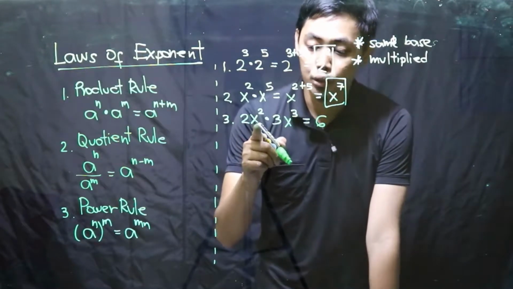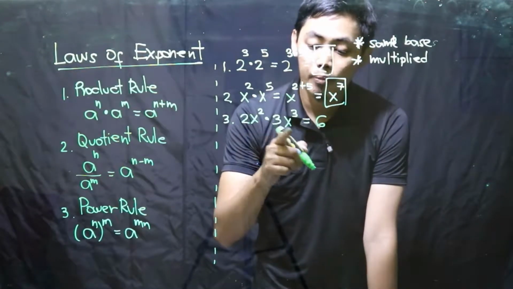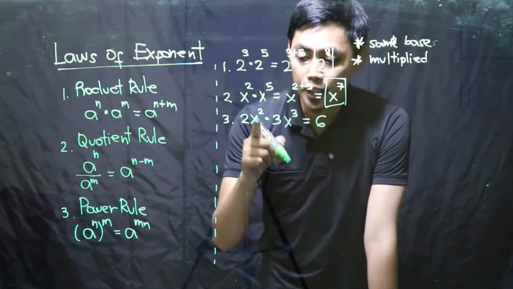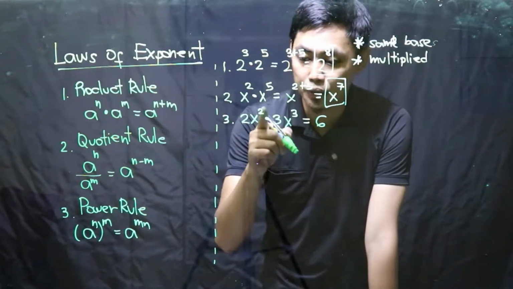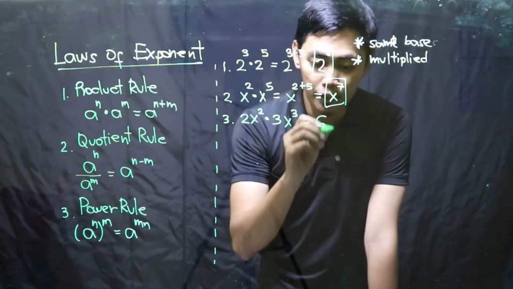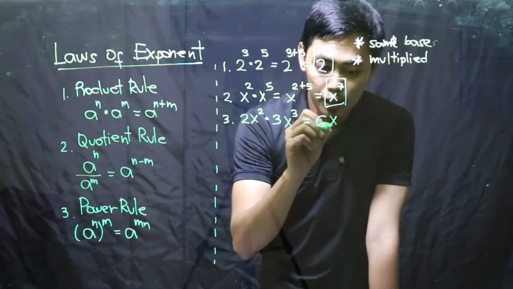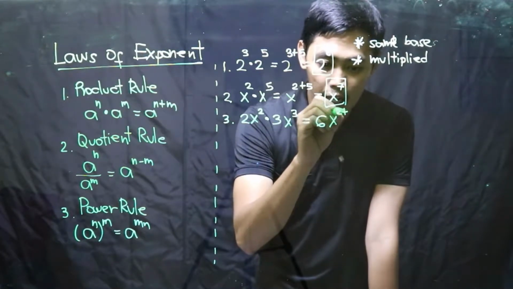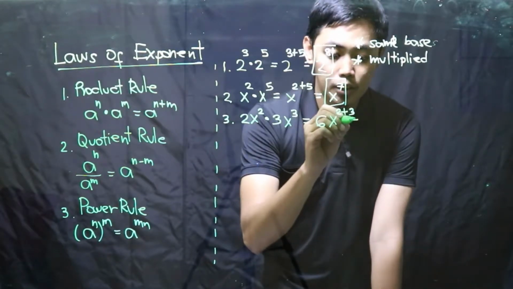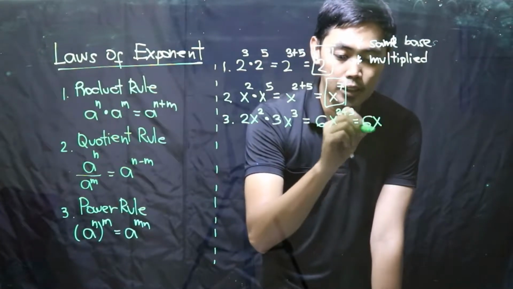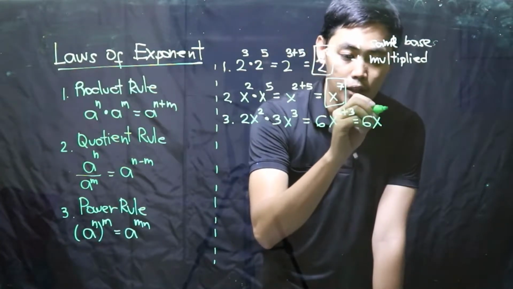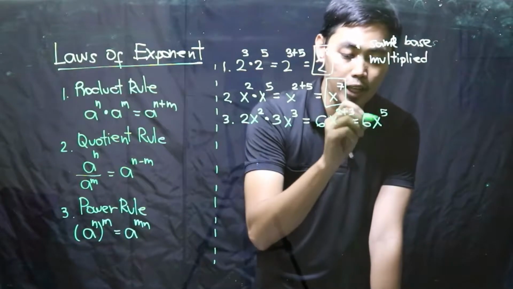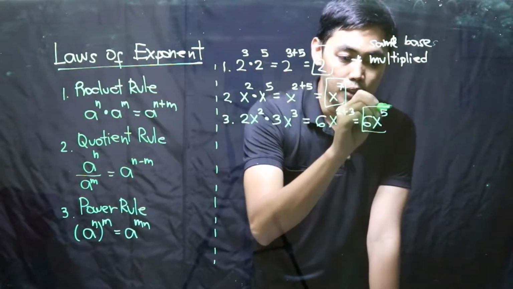And then you will need to go to the variables. In this case, you have x to the power of 2 and x to the power of 3. So what you will need to do is, you write x, then you just add the exponents. And this would give us 6x to the power of 5. 2 plus 3 is 5.